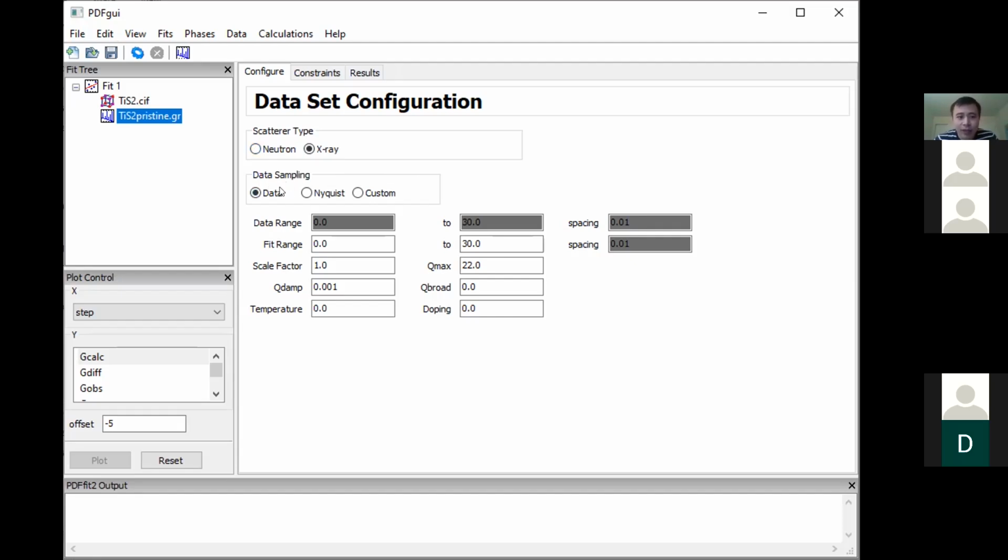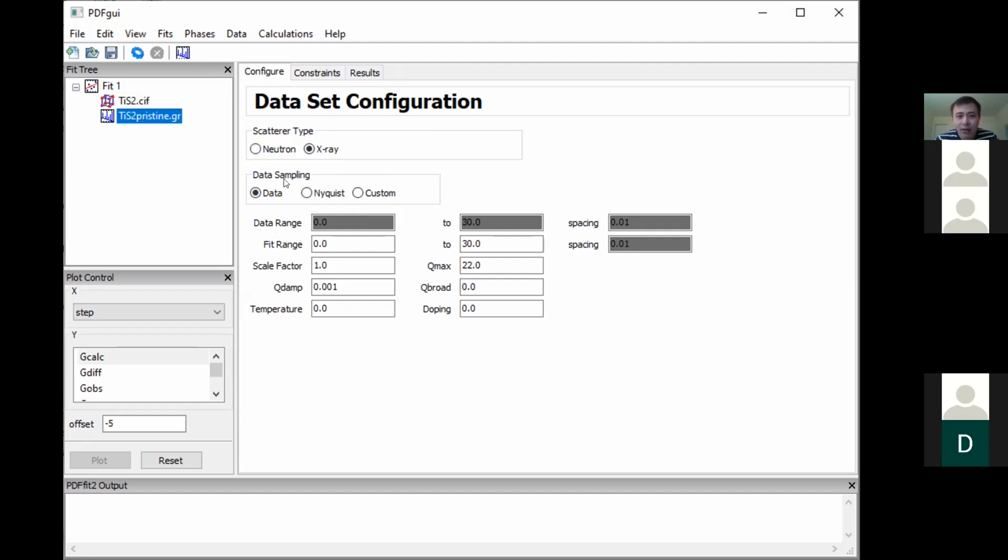And data sampling is basically how the data are spaced. When you process data, your data may not be evenly spaced. So your data points may be more dense in one part and more scattered in other parts.